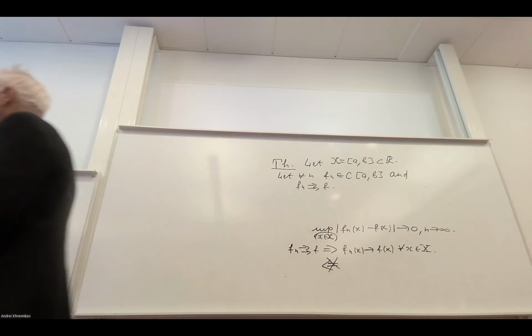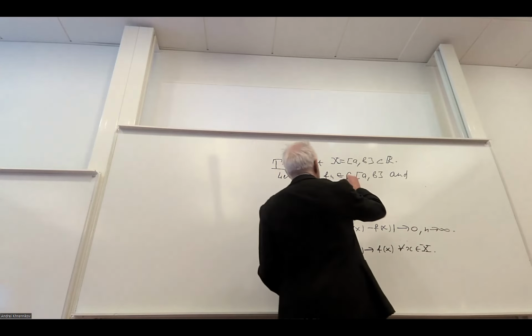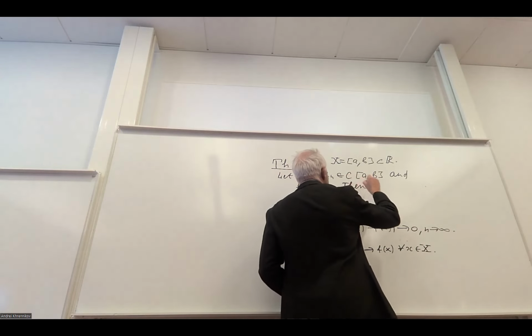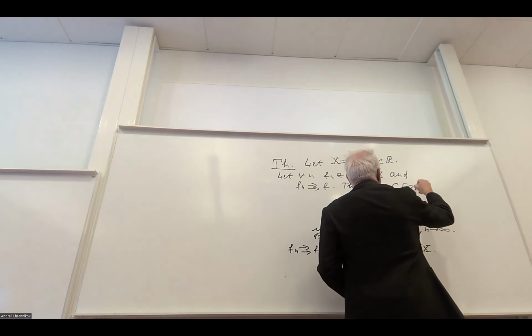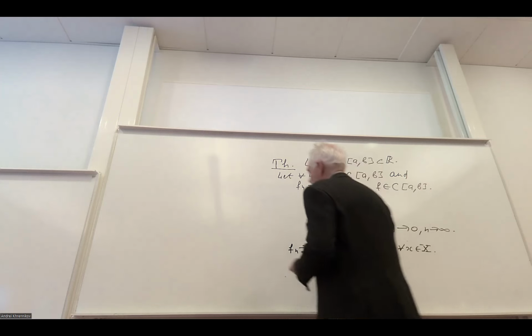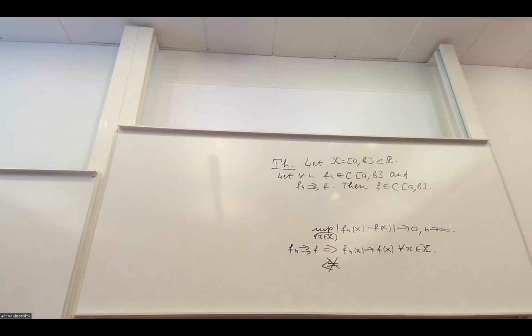So we have a sequence of continuous functions on the segment [a, b] which uniformly converge to some function. And then this function is also continuous. The uniform limit of continuous functions is continuous.